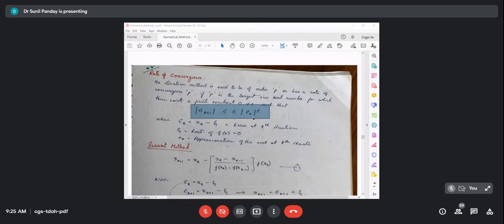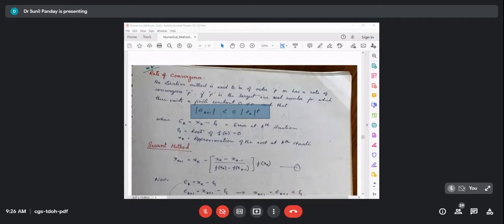Suppose I take p equals 2, assuming that my iterative method is of second order, and the error in the first iteration, epsilon 1, has numerical value 10 raised to power minus 2.